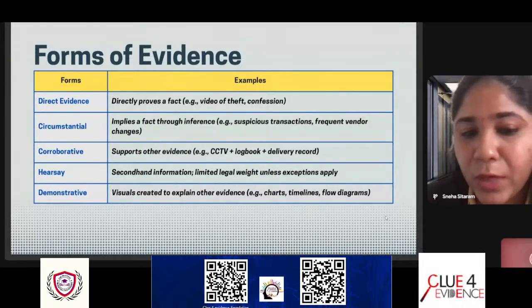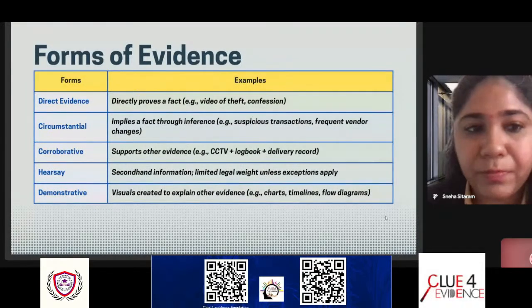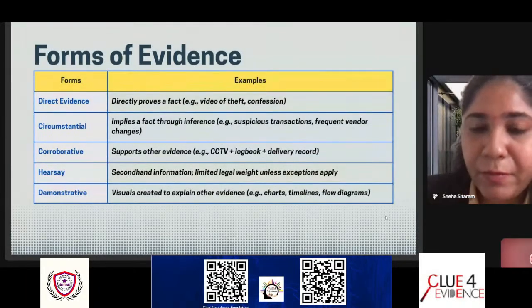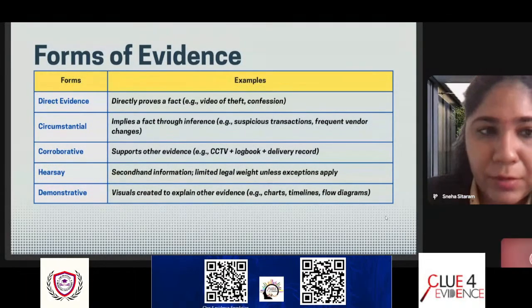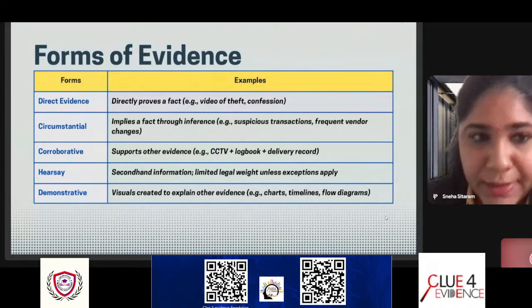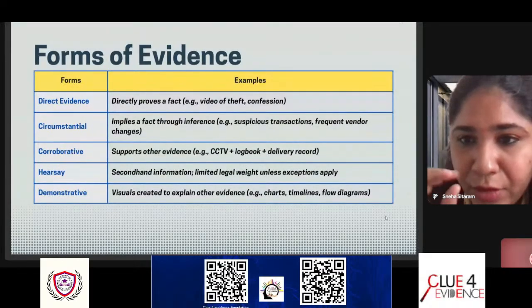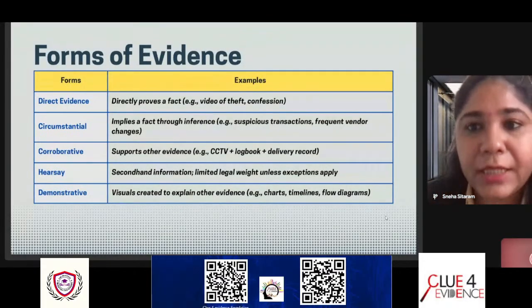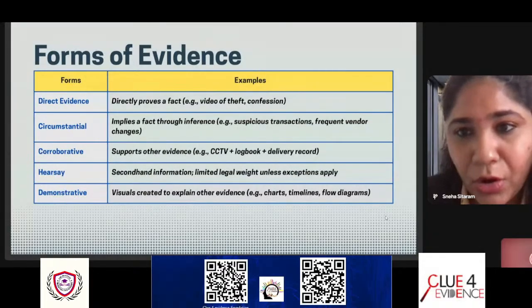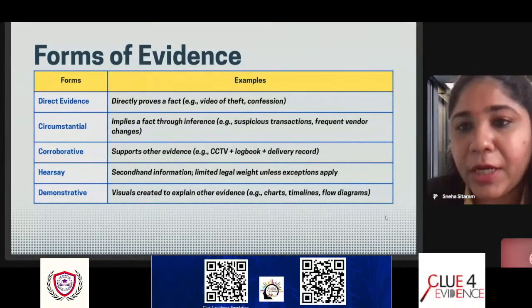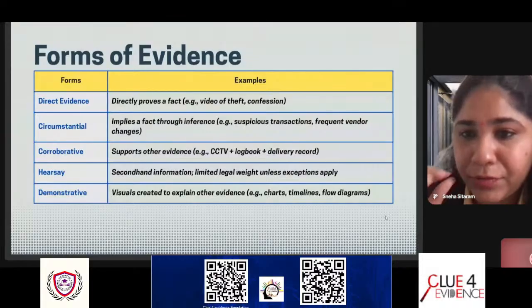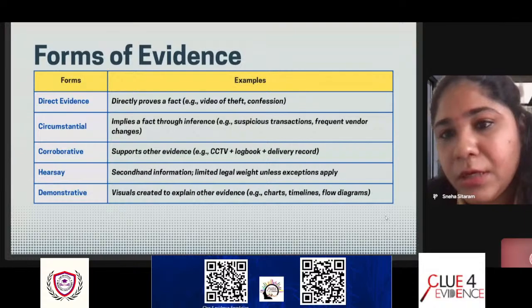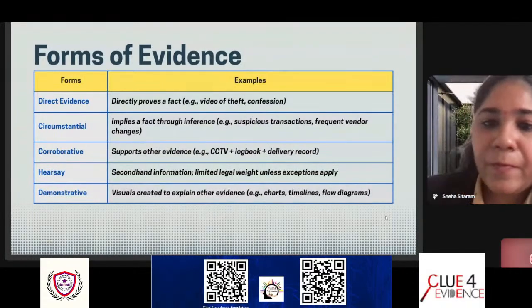For example, if A is talking to another person B, and B gives very critical information about a person C or A himself, you have to get confirmation from person B specifically, that you have only spoken this particular code and given this particular information. That confirmation from that person is very important for admissibility as evidence.